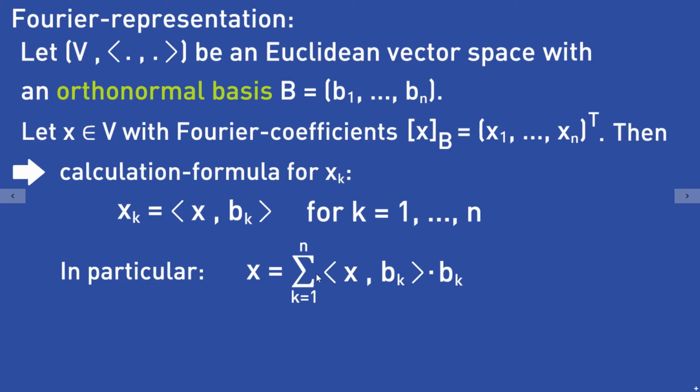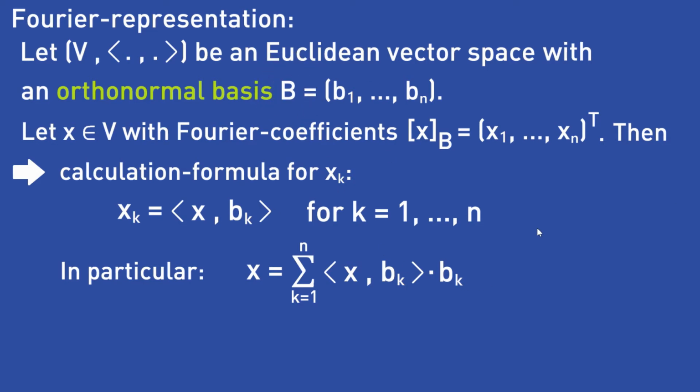This representation is unique. Here, the scalar products of x with bk are the unique coordinates of x with respect to the orthonormal basis B.